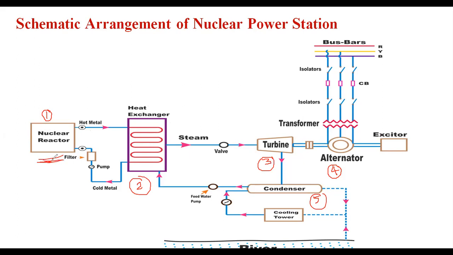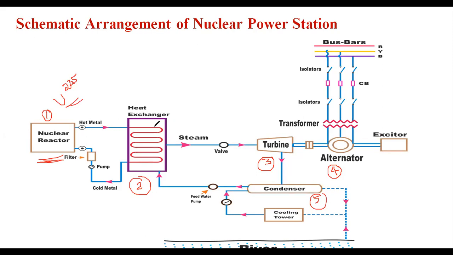The fuel used in the nuclear reactor of a nuclear power plant is uranium, thorium, or plutonium, but mostly uranium-235 is preferred. Once the fuel is burning, it produces hot metal.